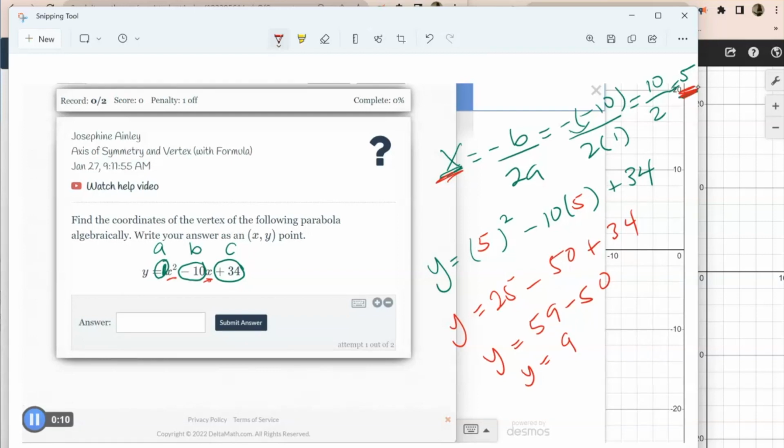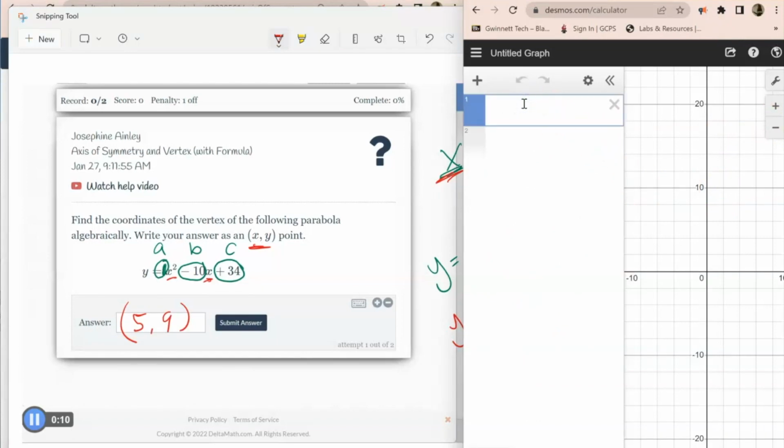So the vertex, remember, has to be written as x and then y. So the vertex is going to be 5, 9. And again, you can just put that in the calculator, like the minus b divided by 2a, and just put the numbers here, and the calculator will do it for you. So b is negative 10, and a is 1. So x is 5.